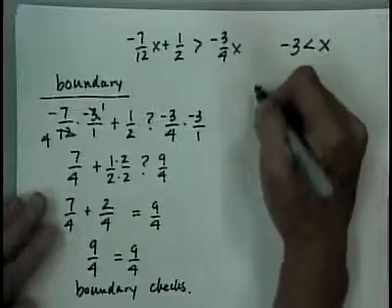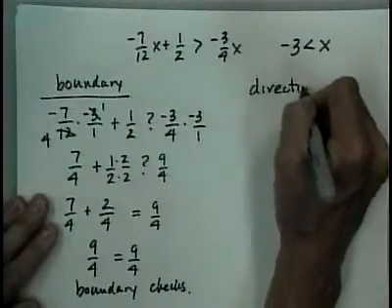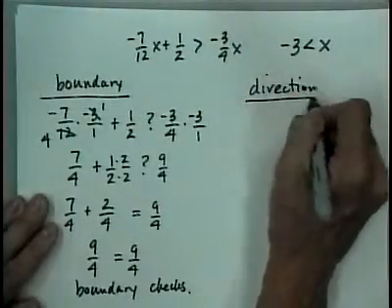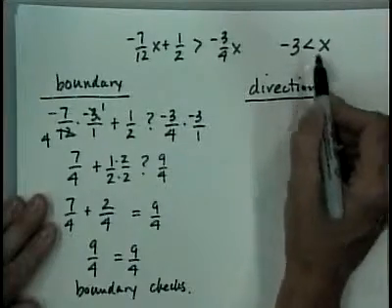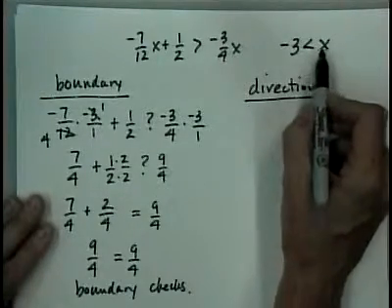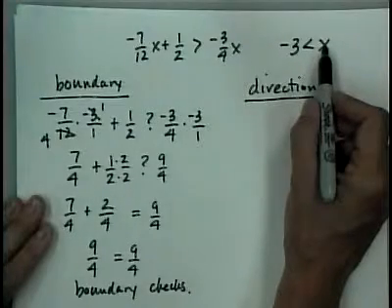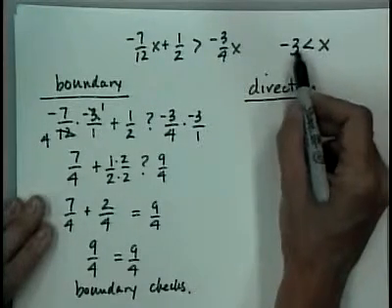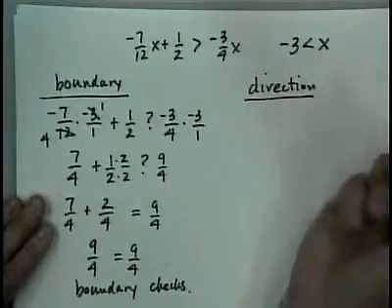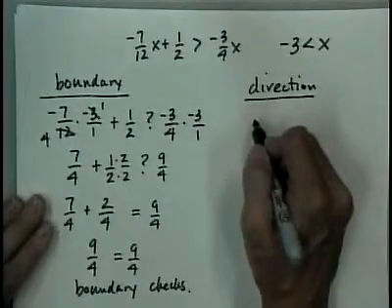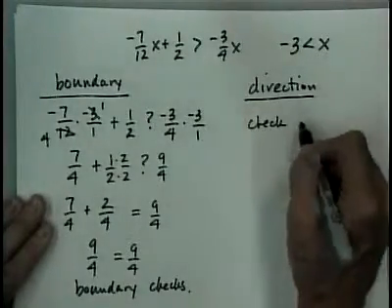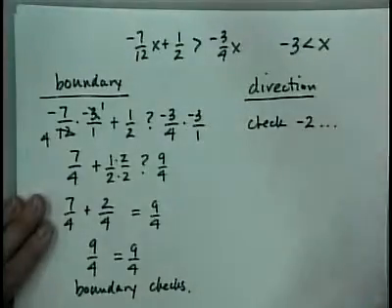So let me indicate that the boundary checks. Now we need to check the direction of the solution set. Pick a number that's in the solution set, which means pick a number for x that is bigger than -3. Something bigger than -3 is the number -2. So let's check the number -2.